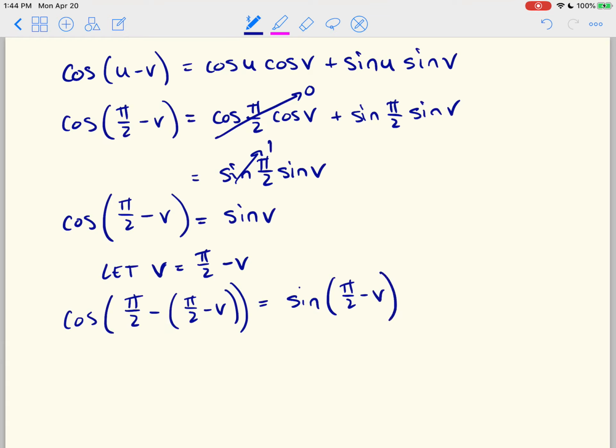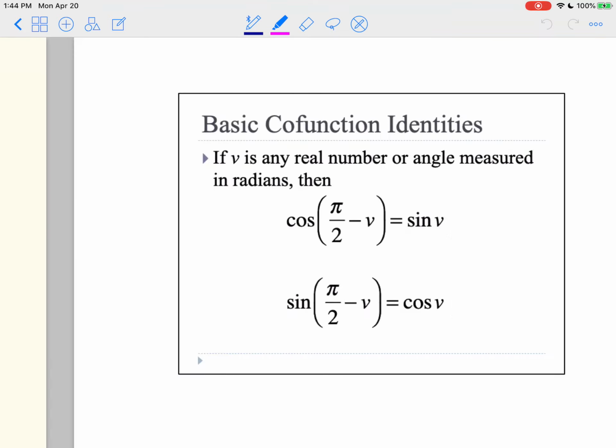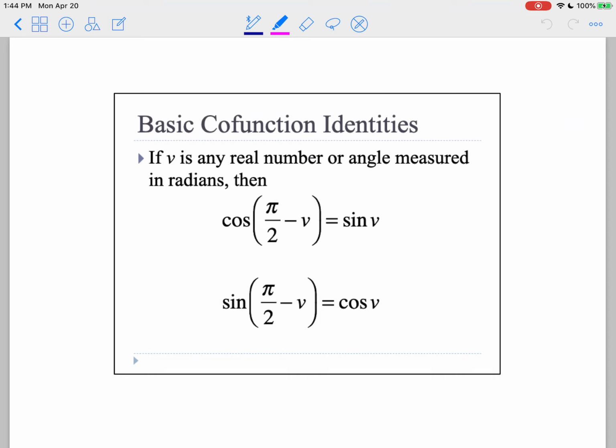And so pi over 2 minus pi over 2 gives me 0, and negative minus v gives me a positive, so this becomes cosine of v equals sine of pi over 2 minus v, and there's my second cofunction identity. So these are my two cofunction identities, and you can see those written out right there. So that's where those came from. And notice they both came from the difference formula for cosine and then a little bit of algebraic manipulation.